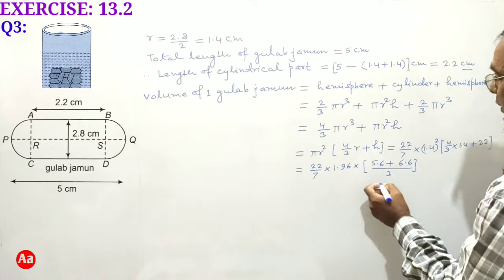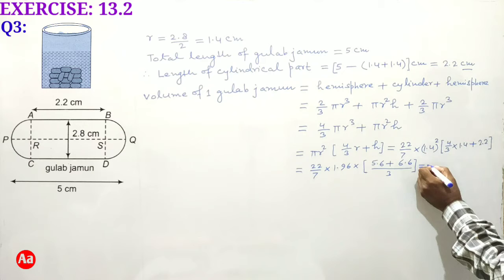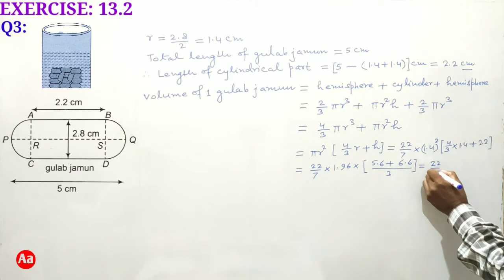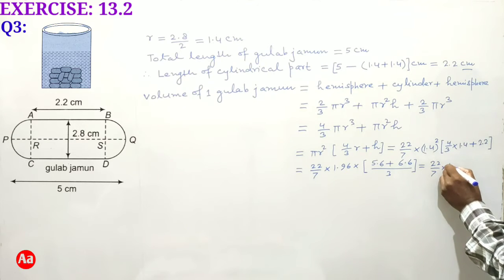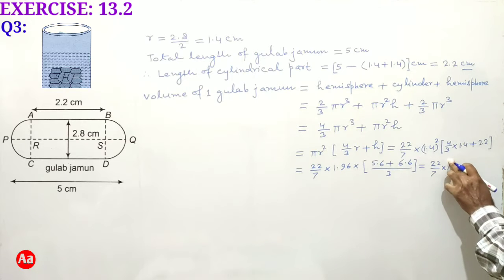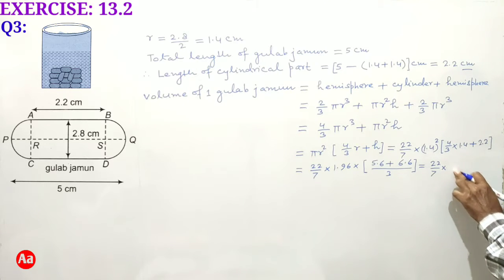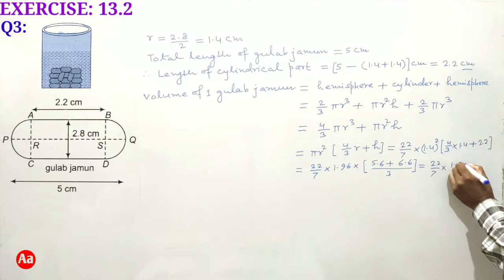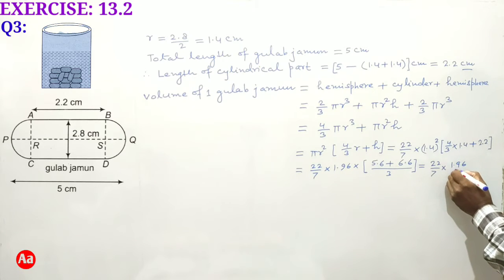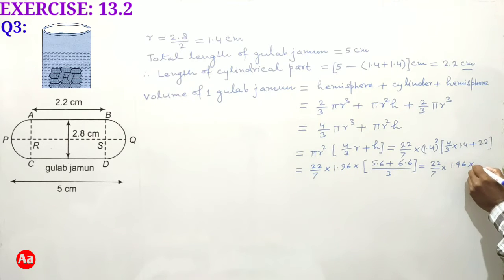This is equal to 22 by 7 into 1.96 into 12.2 by 3. Let us simplify.